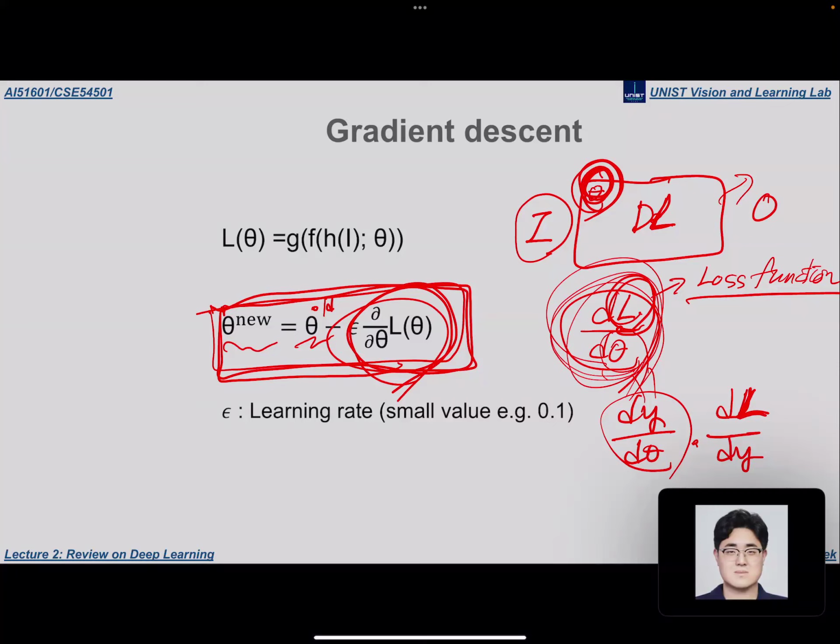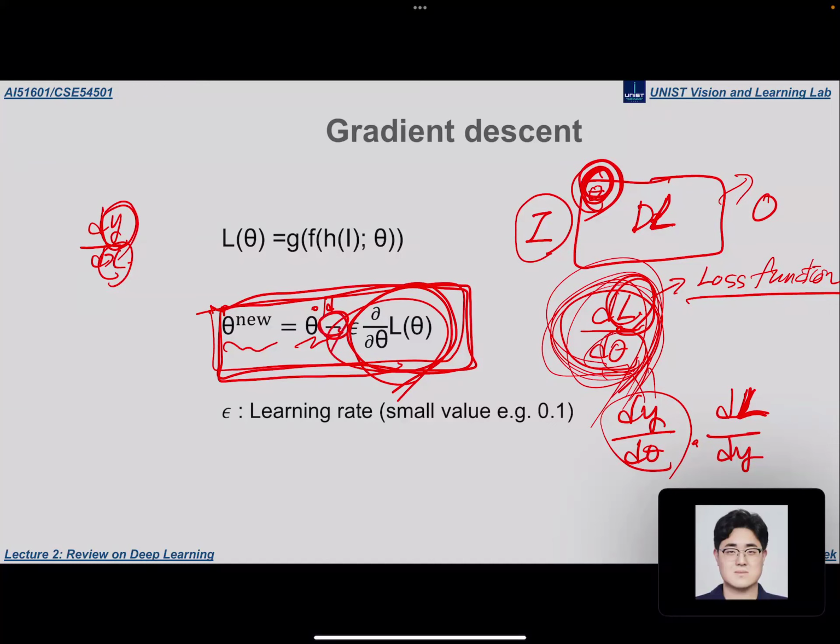Gradient. Okay. This represents how much y varies according to x changes, right? So dL/dθ means how much our loss function changes depending on our parameters, okay?